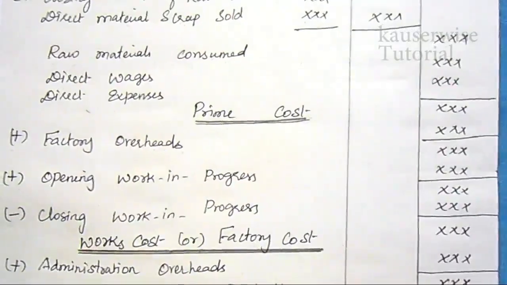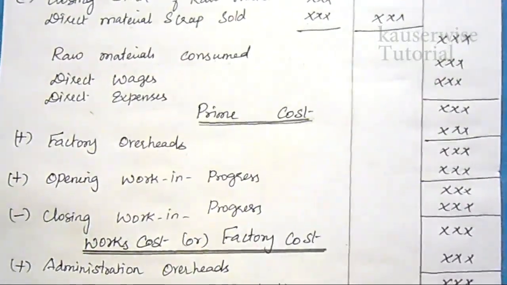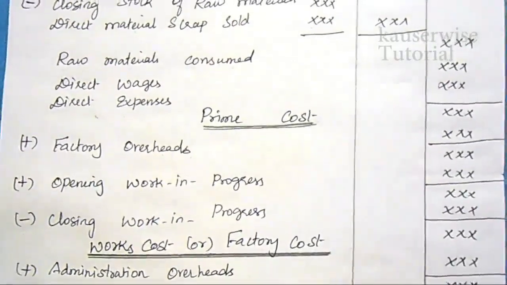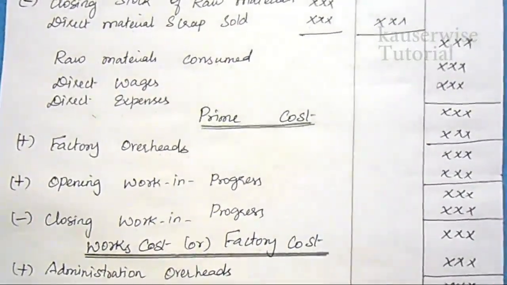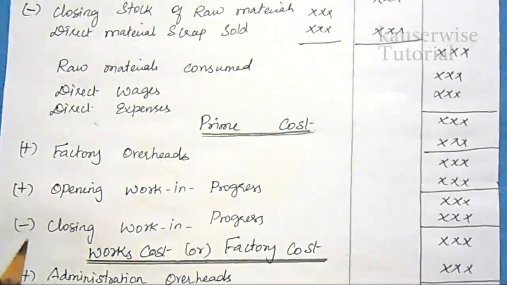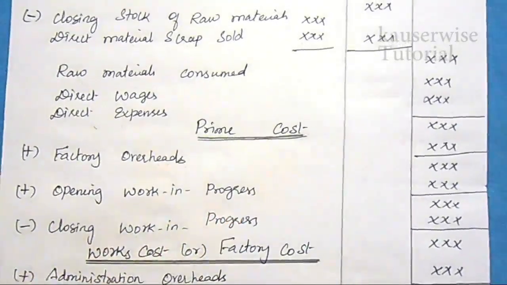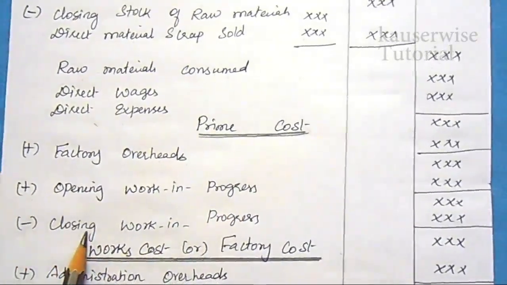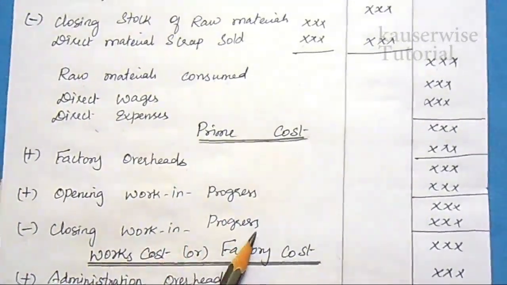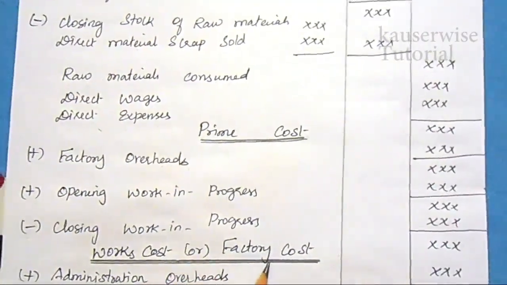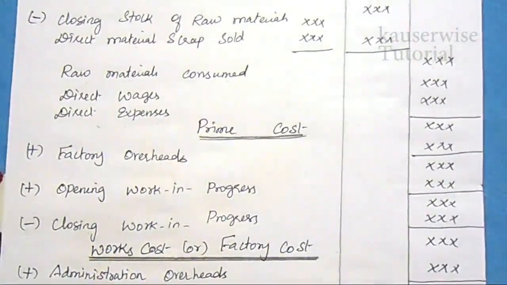So these are the factory related indirect expenses. All these things combined are called factory overheads. And then we need to add opening stock of work in progress and subtract closing stock of work in progress. Then you will be getting work cost or factory cost or manufacturing cost.